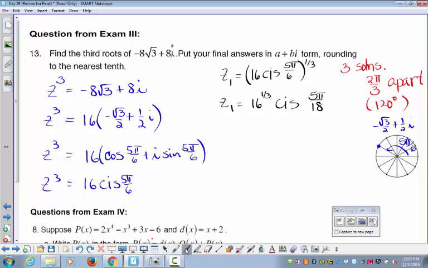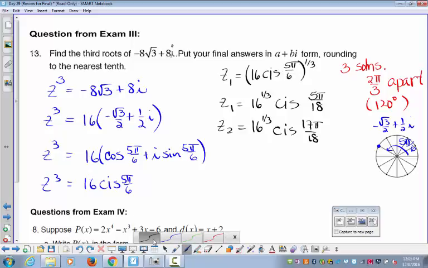Our second answer then, all we do is leave the radius alone, CIS, and add that to this. If we get a common denominator of 18, that would be 12 pi over 18. So we add 12 pi here, and we get 17 pi over 18.